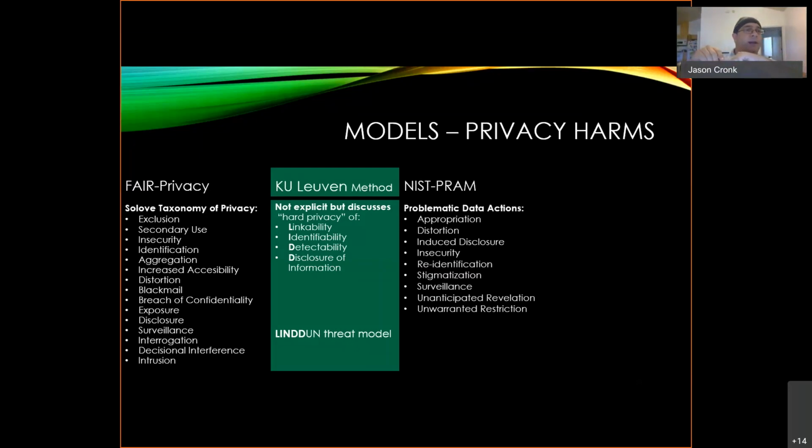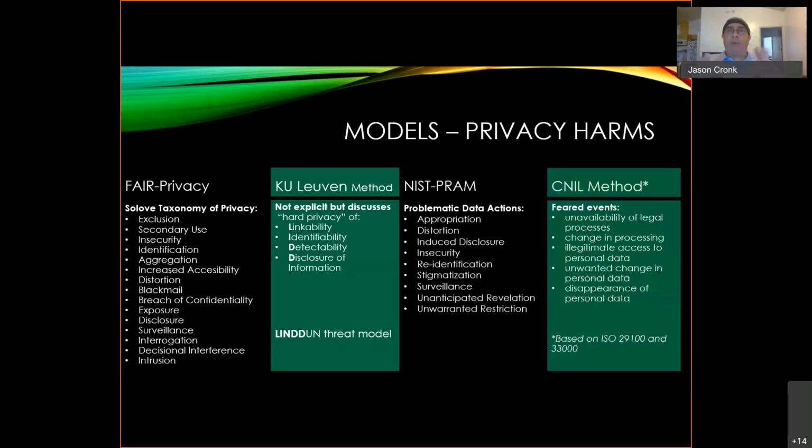If I'm missing it, I might be short one. Distortion, disclosure, insecurity, surveillance. So very similar. They took a mashup of Solove and the FIPPs, which are the Fair Information Practice Principles, to come up with their problematic data actions.